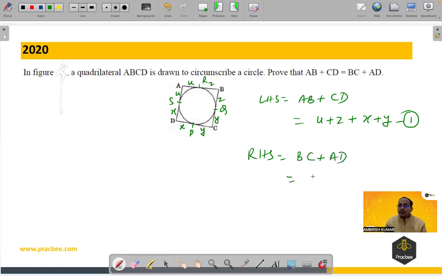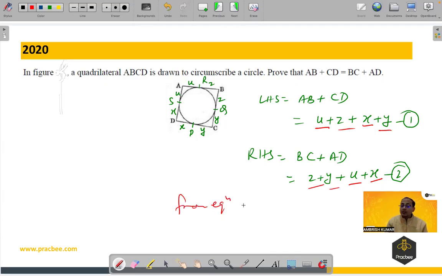Now BC is your z plus y and AD is your x plus u plus x. So you just compare equation number 1 and 2. We have the same things: u here, x here, x here, z here, z here, y here, y here. So from equation 1 and 2, what can we say? The left hand side is going to be equal to the right hand side. Clear? That's it.